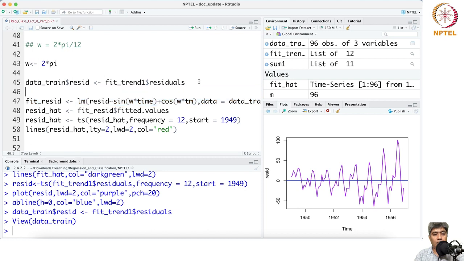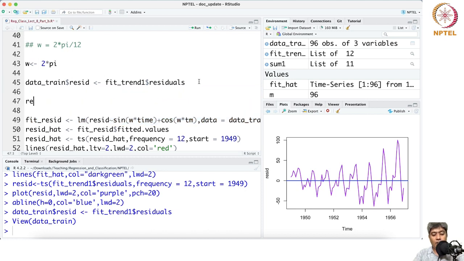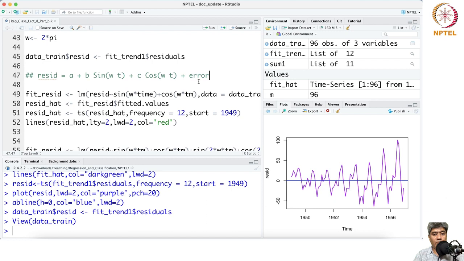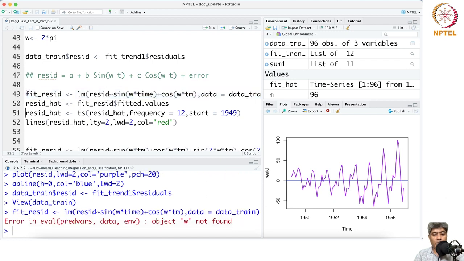Okay, now this is the model we want to fit. Residual as a function of a plus b times sine omega t plus c times cos omega t plus error. This is the model we want to fit. So we fit this model.